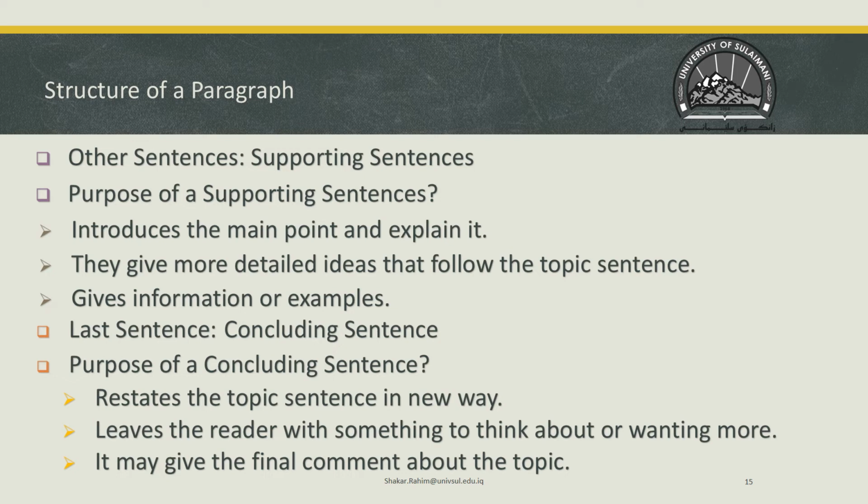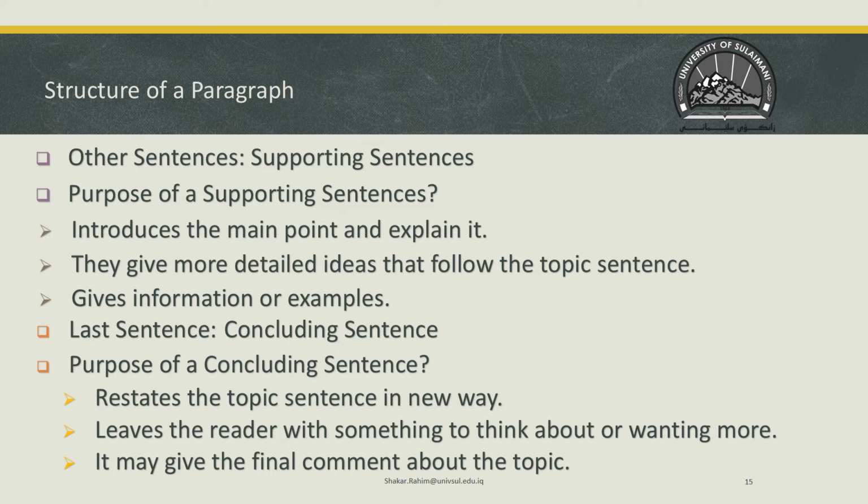So when it comes to structure, we have 3 points. The first sentence we call a topic sentence, the supporting sentences are the middle sentences from 2 until the end, and the last one, the third part, is the concluding sentence. The purpose of the concluding sentence is to restate the topic sentence in a new way.